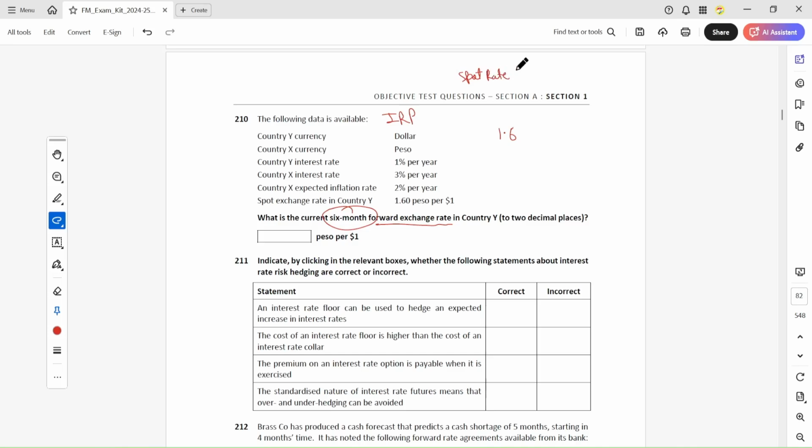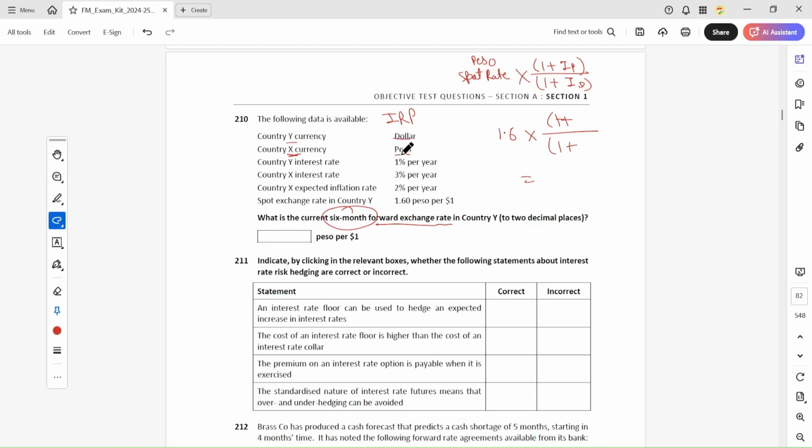Spot rate multiplied by 1 plus the interest rate of the peso, and here the interest rate of the dollar. This is the peso, so the peso interest rate goes on top, and the other currency goes below.